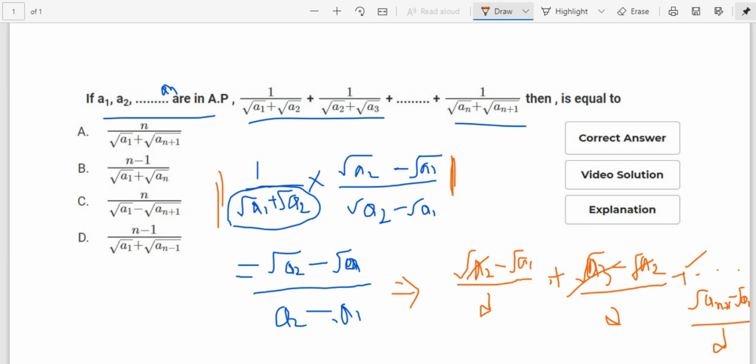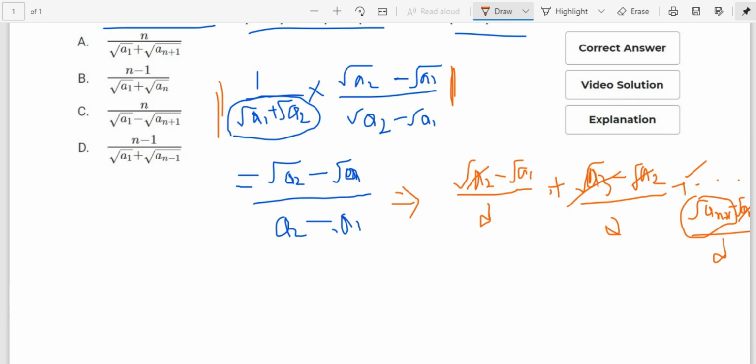Again, this will also cancel, and the only value I'm getting is root a n plus 1 minus root a1, isn't it?